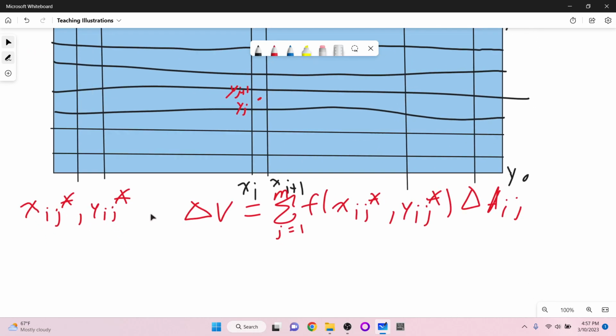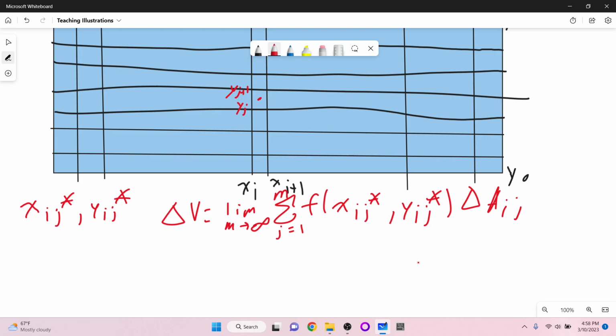But now we can take a limit to make it exact. The actual volume over there, let me move this a little. We will put in the limit as m goes to infinity. All right, so this gives us how we would add up the actual volume along that strip.